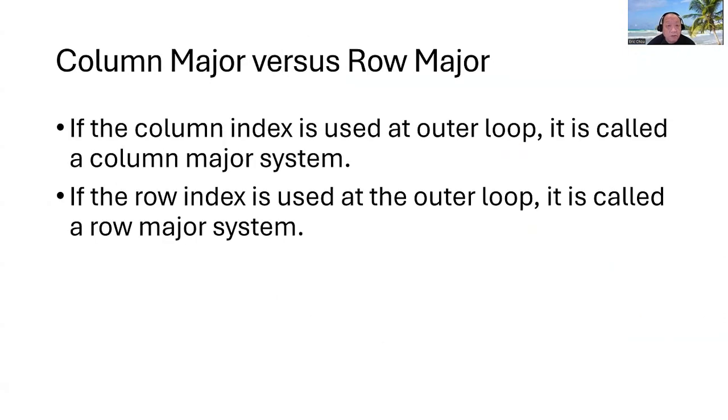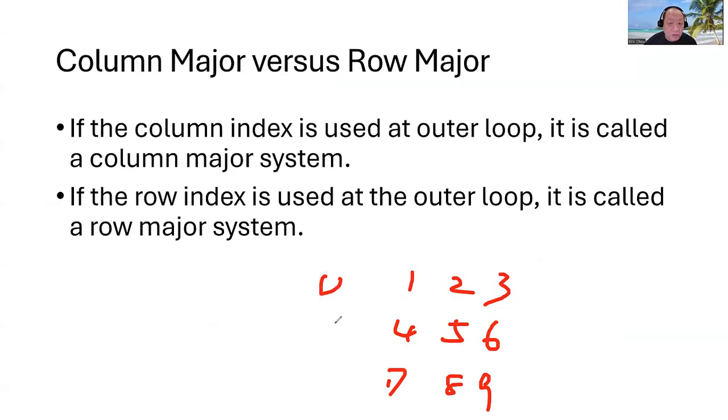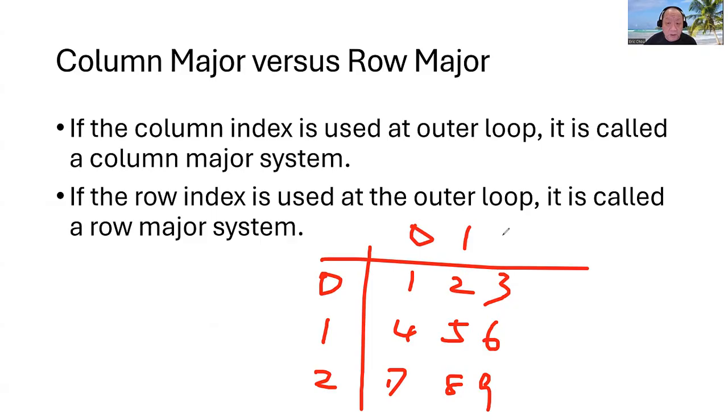Next we are going to talk about column major and row major. You may have an array that is 1, 2, 3, 4, 5, 6, 7, 8, 9. This is row 0, row 1, row 2, and this is column 0, column 1, column 2. When you do traversal over every number, you can go this first, and then this, and then this.